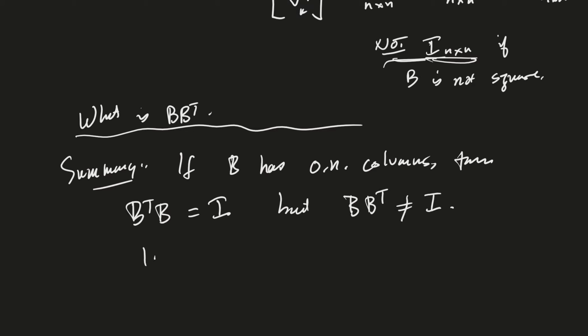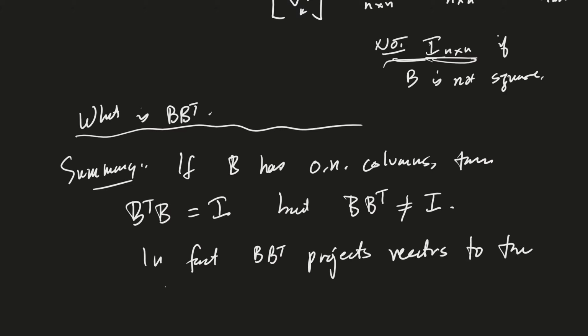In fact, B B transpose projects vectors to the subspace. Do you remember what that is? Spanned by the columns of B.